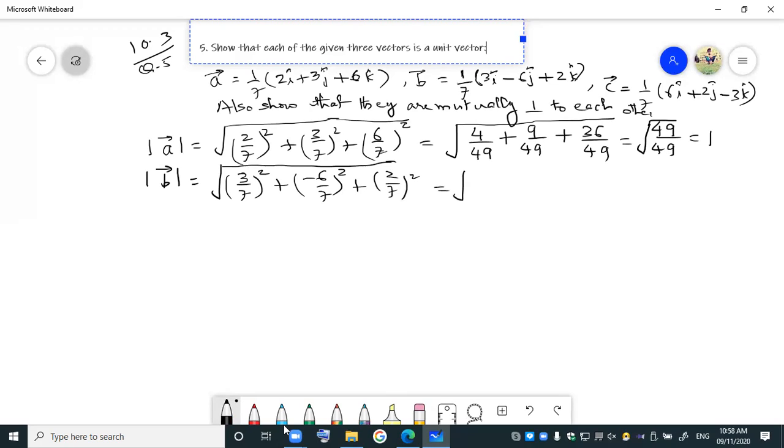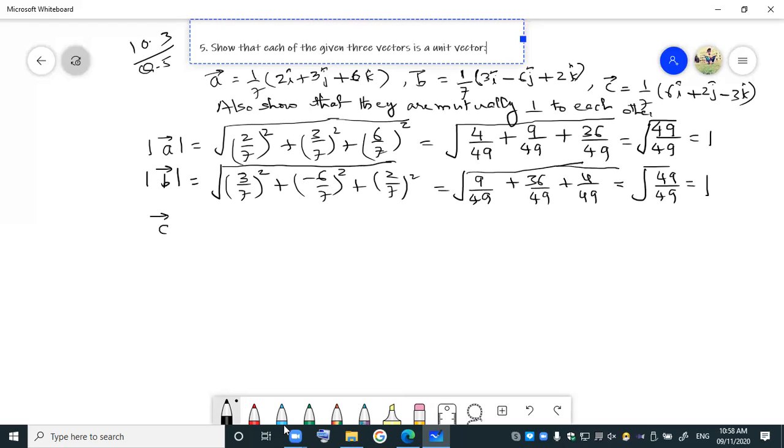This is 9 by 49 plus 36 by 49 plus 4 by 49. So again you are getting 49 by 49, that is equal to 1. So it is a unit vector.